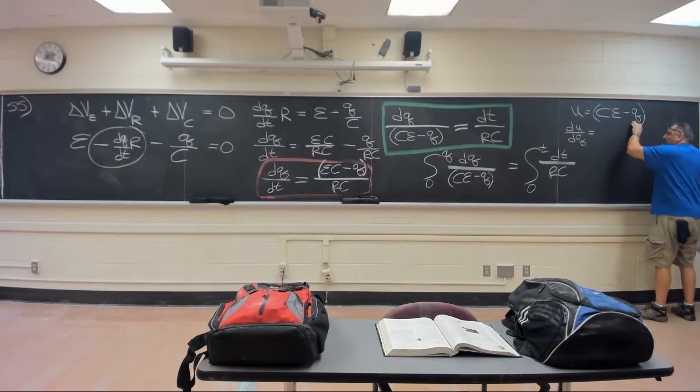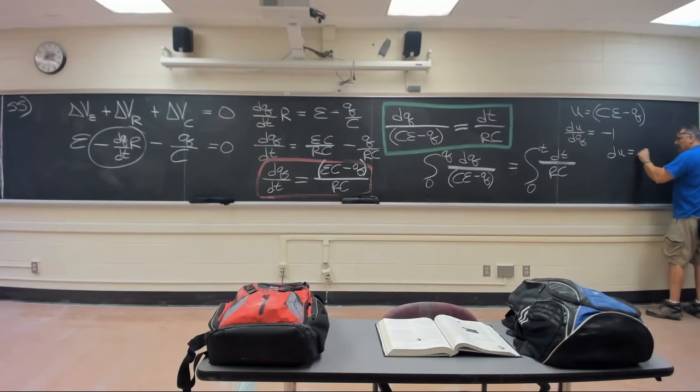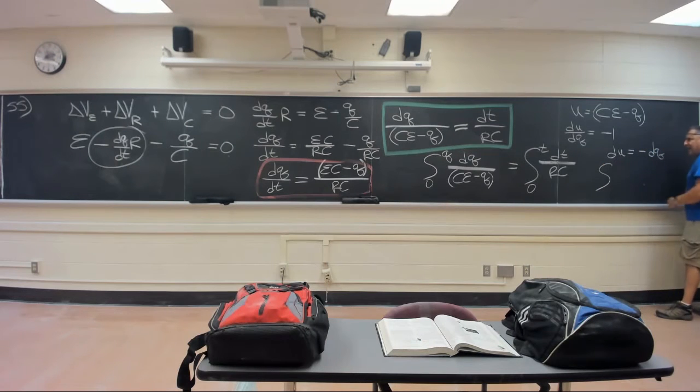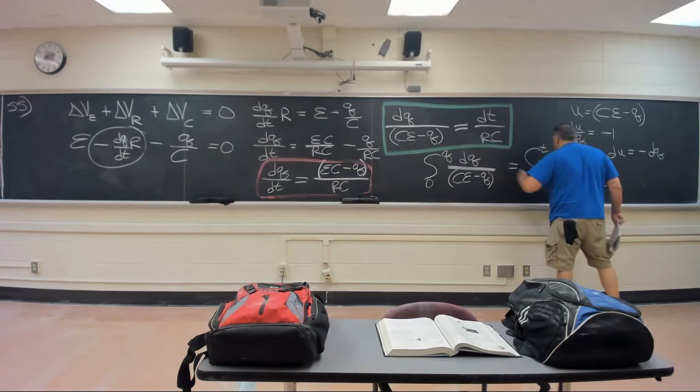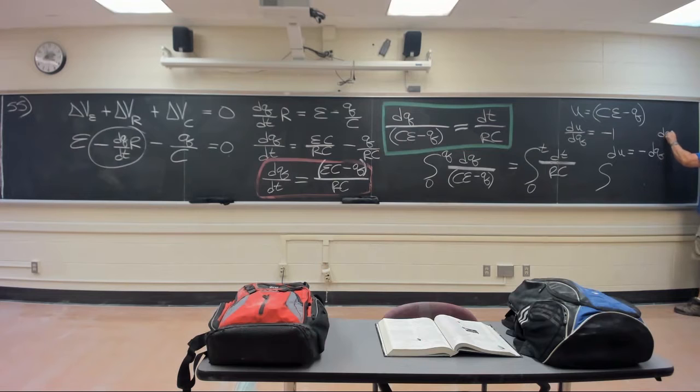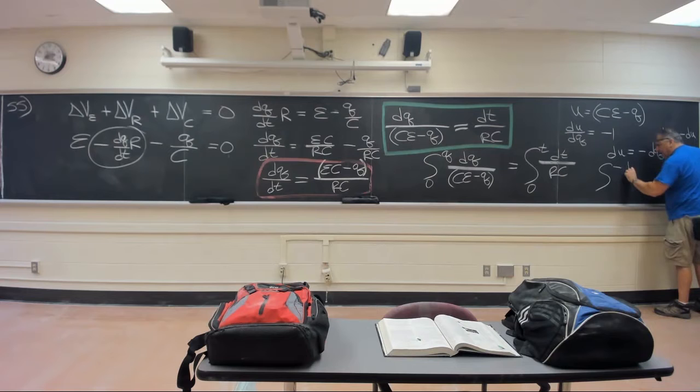Q is variable. du dq is -1. du equals negative dq. So, sounds good to me. If du is equal to negative dq, don't worry about the limits of integration, just try to get the antiderivative here. Put another way, dq equals negative du. So we got a negative du.